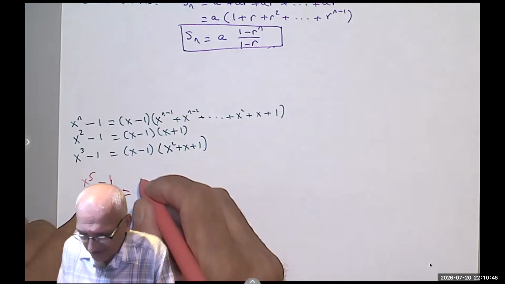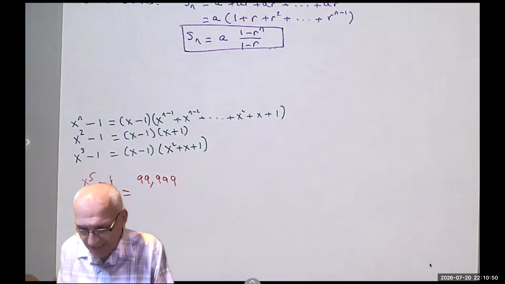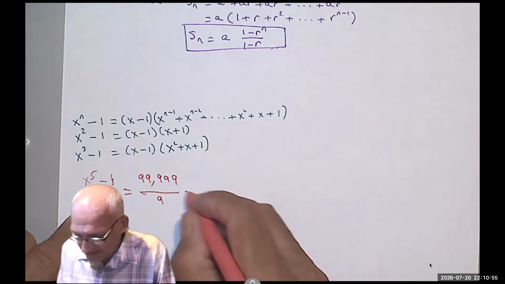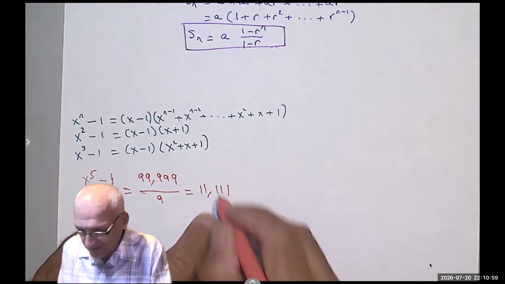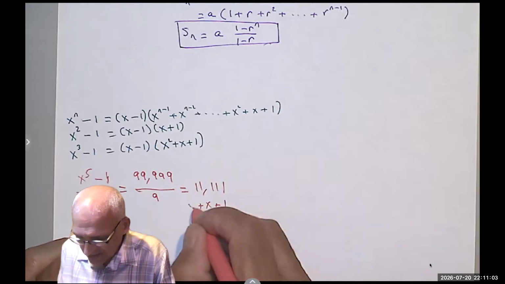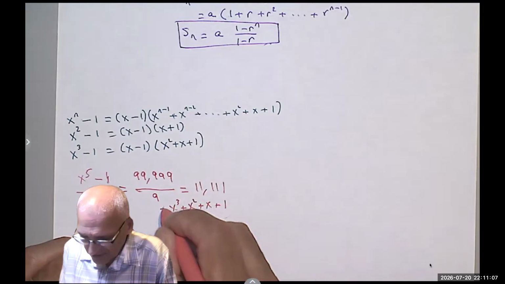So when I subtract 1, it becomes 99,999. And x minus 1 would be 9. 10 minus 1 is 9. And when I divide this, it's so easy. 1, 1, 1, 1, 1. This is 1. This is x because x is 10. This is x squared. This is x cubed. And this is x to the 4.